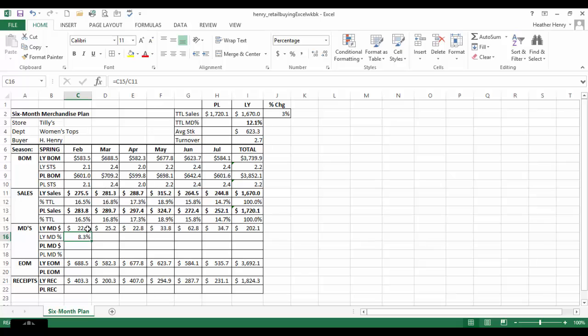So we're taking our last year markdown dollars, dividing it into our total sales that we generated, and that will tell us our markdown rate. So let's go ahead and also format this to see what our markdown rate should be for each month.